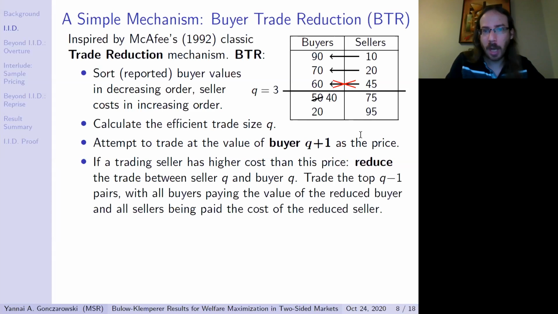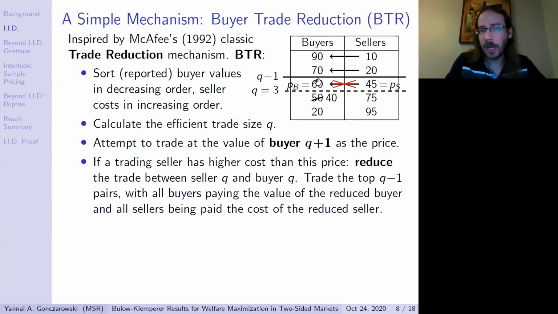And you trade the top Q minus 1 pairs. So it's inefficient, but you drop the lower one. You only trade these pairs with all buyers paying the value of the reduced buyer. So in this case, 60. And with all sellers getting paid the cost of the reduced seller. So in this case, 45.